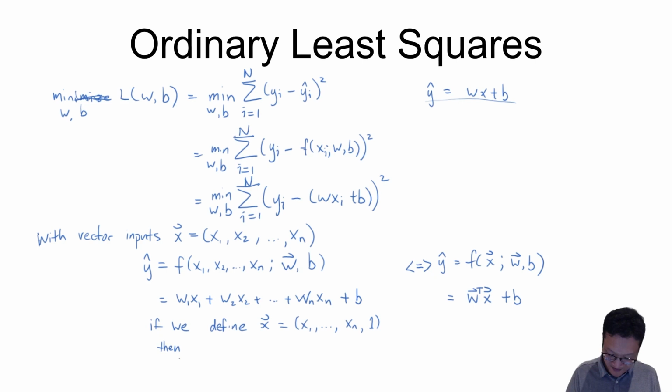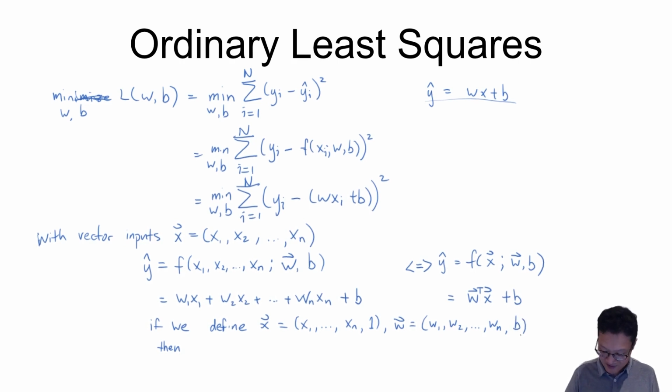This will simplify things a little bit. And then we define w equals w1 all the way up to wn, and we're going to include the b.